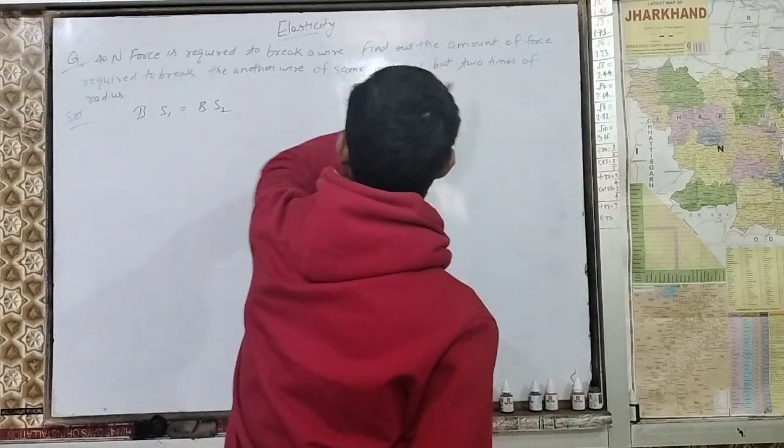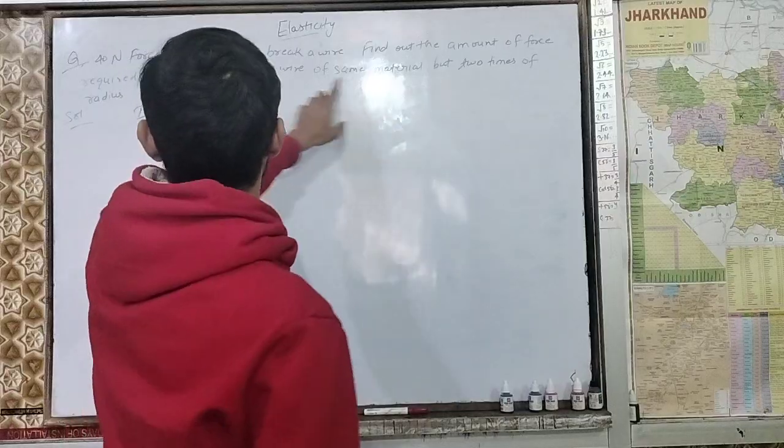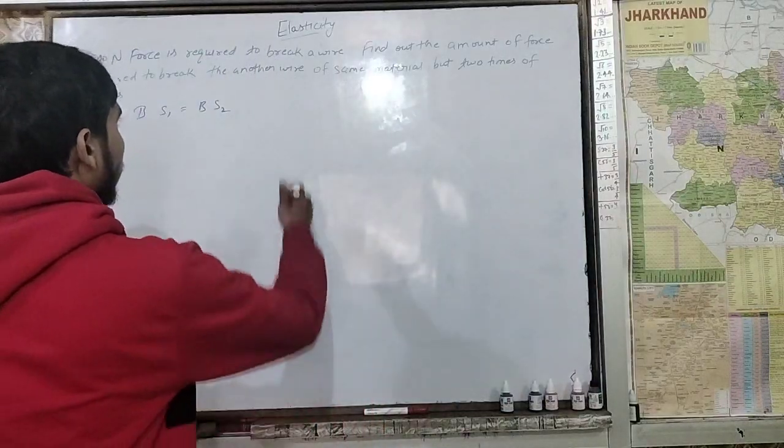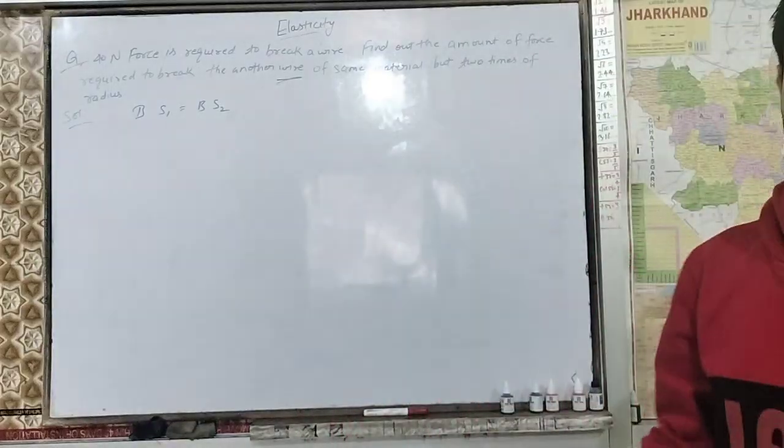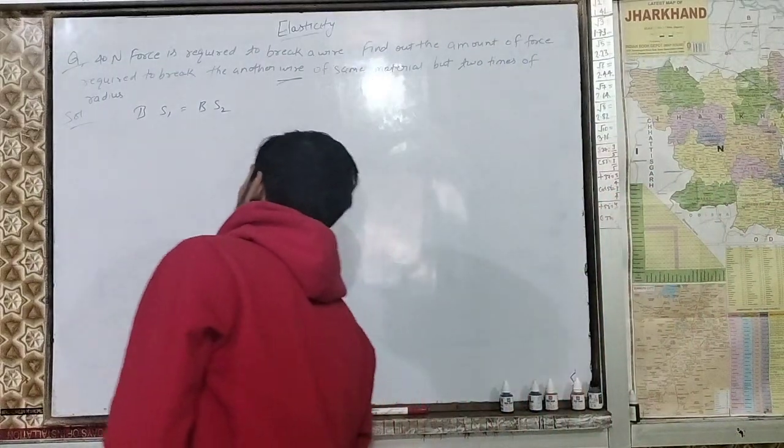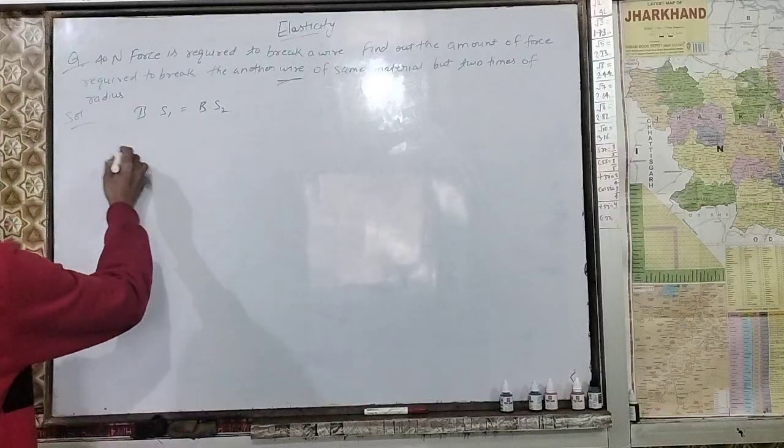Can you find the area? How can you find area? The question is not providing it. It is saying we have the same material, 2 times the radius. We have a wire, and a wire has a circular cross-section. So area of the circle would be what? Pi r square.